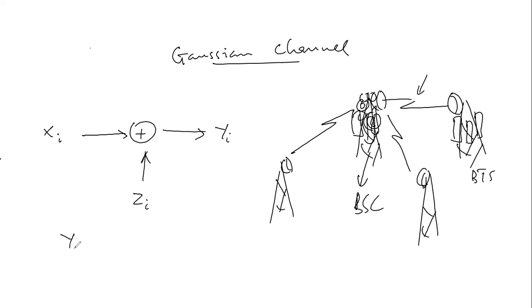The output this time is going to be the sum of the input signal plus the noise signal, okay? And in this case, the noise will have a Gaussian distribution, which is a normal distribution, zero mean and N variance, which tells us the noise.